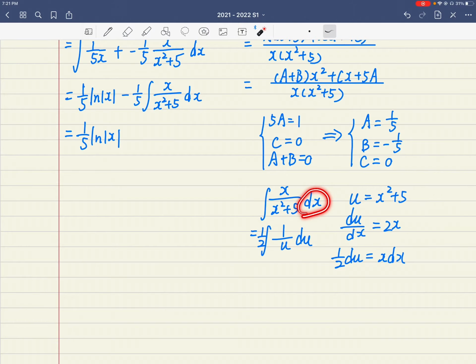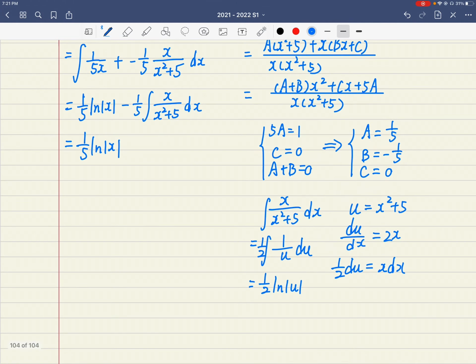Because this dx times x is half du. And this 1 over x squared plus 5 is just 1 over u. So the result is half natural log absolute value of u.